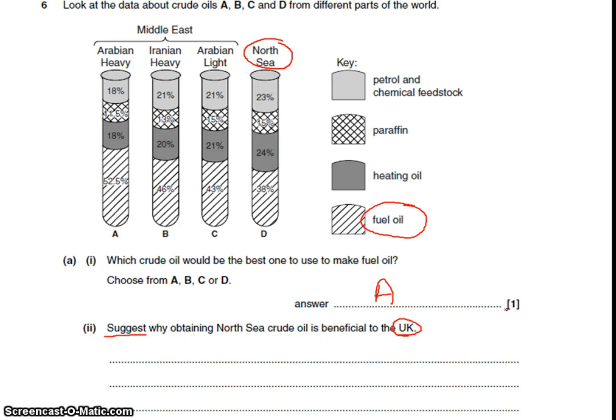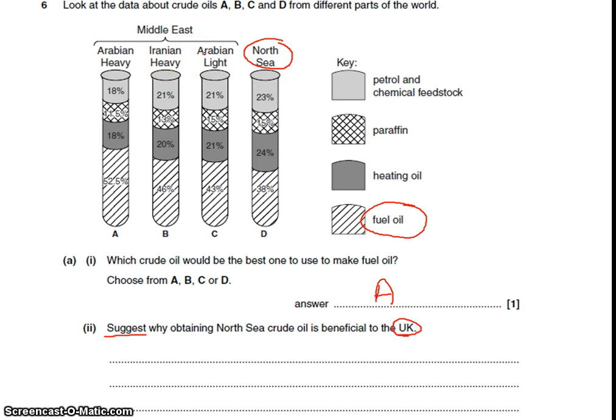So none of the points for this are overly scientific. They're almost more economical or political. If you look at the others, Arabia and Iranian heavy, both of those are in the Middle East, which we consider to be a politically unstable region.